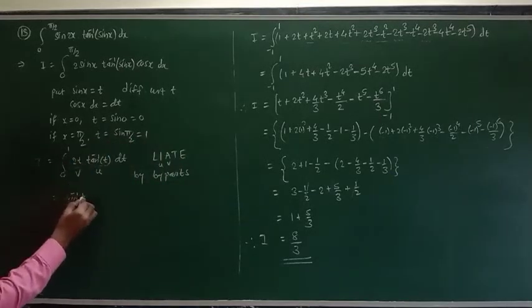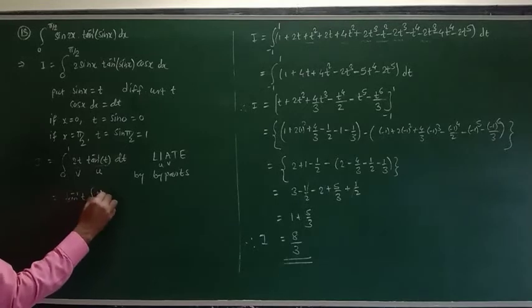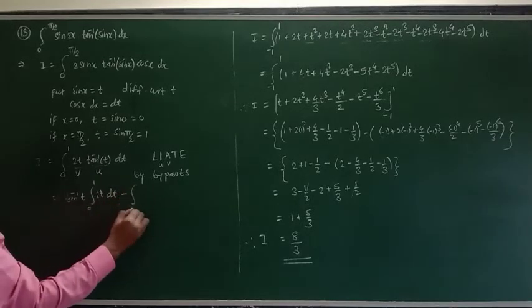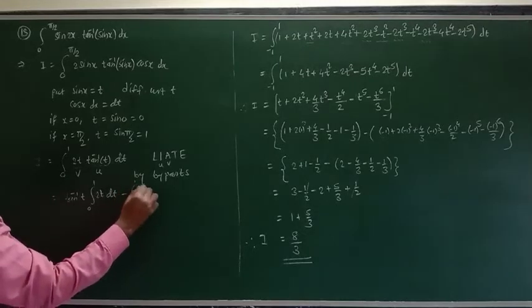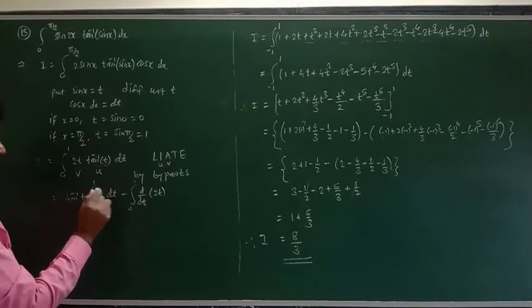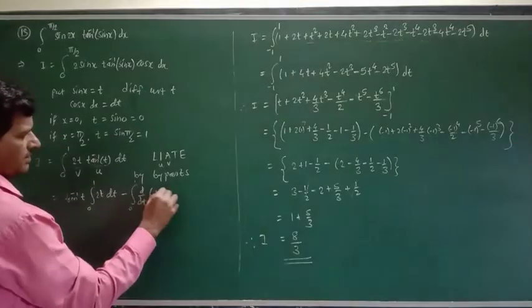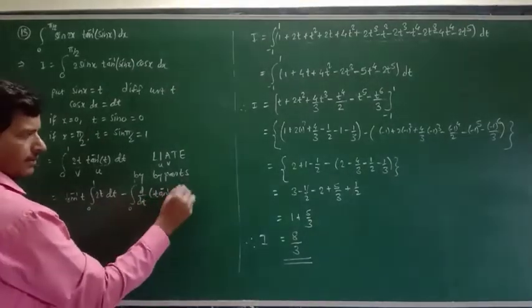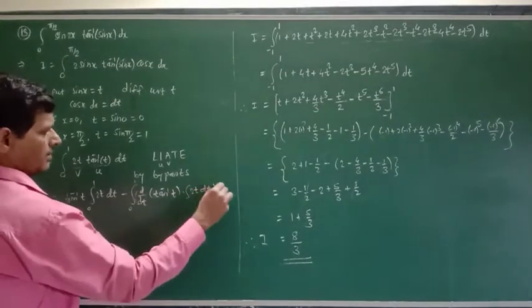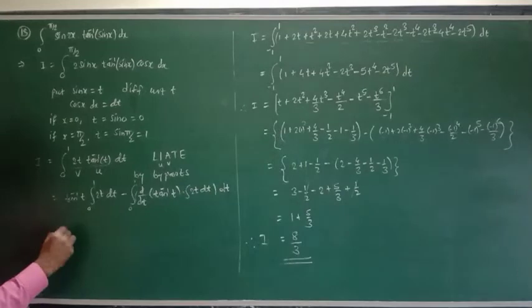What is its value? Tan inverse t, integration of 2t dt, minus integration from 0 to 1 of d by dt of the first function tan inverse t into integration of 2t dt, again integrated with respect to t.